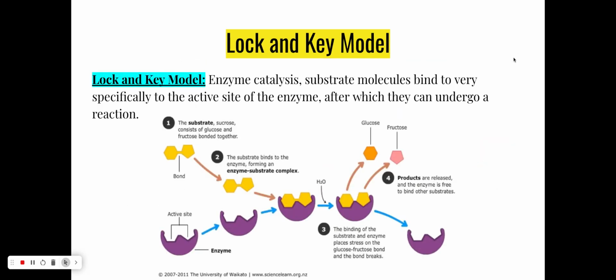Now, enzymes go through something called the lock and key model, which is where a substrate binds to a very specific active site, and then they can undergo a chemical reaction.